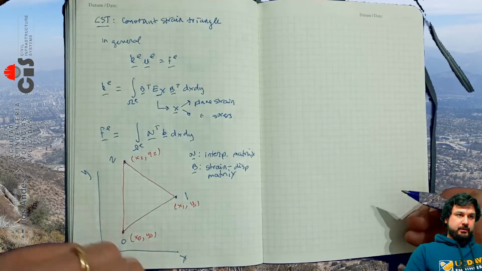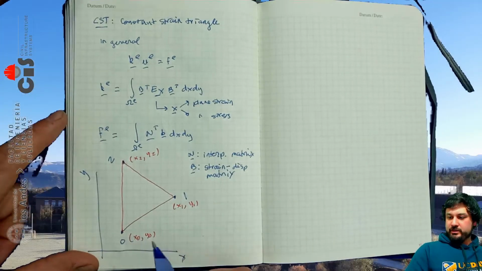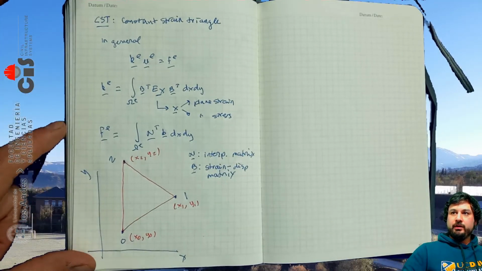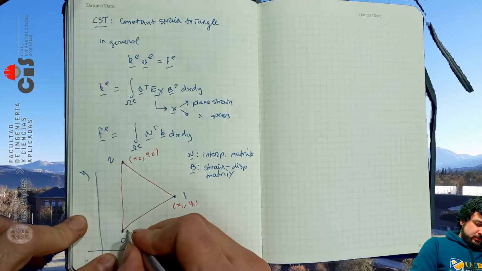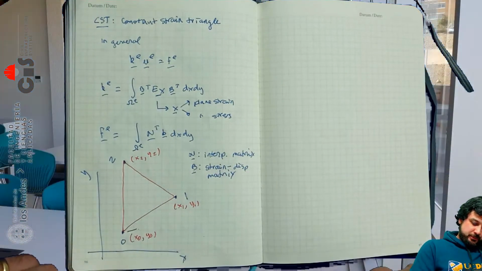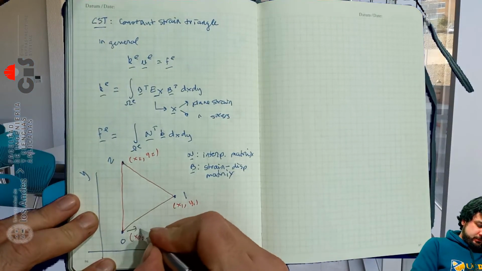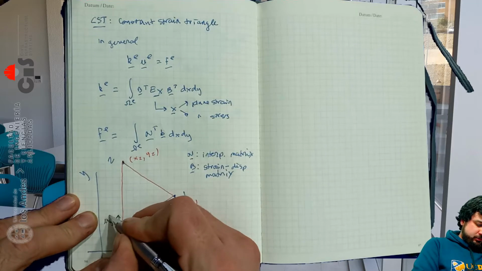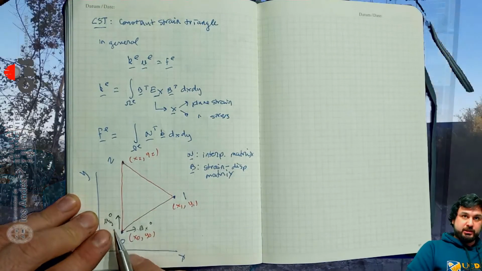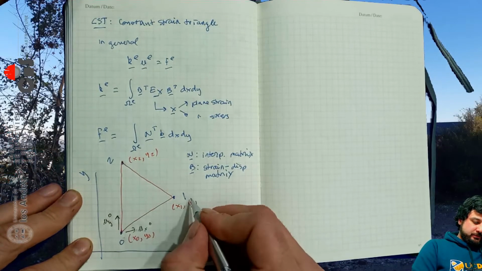The interpolation matrix is going to tell you how to interpolate displacement. So let's first define our nodal displacements, as before, to be ux at node 0, uy at node 0, so this is the x and y displacement at the first node.